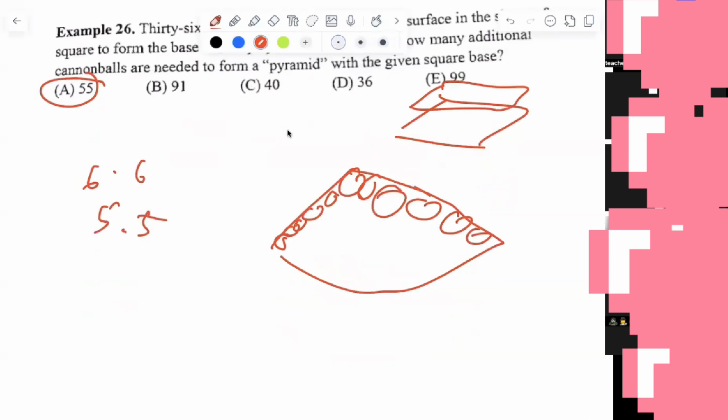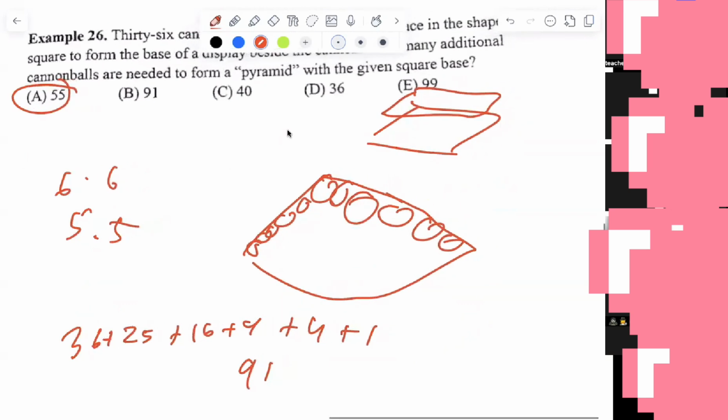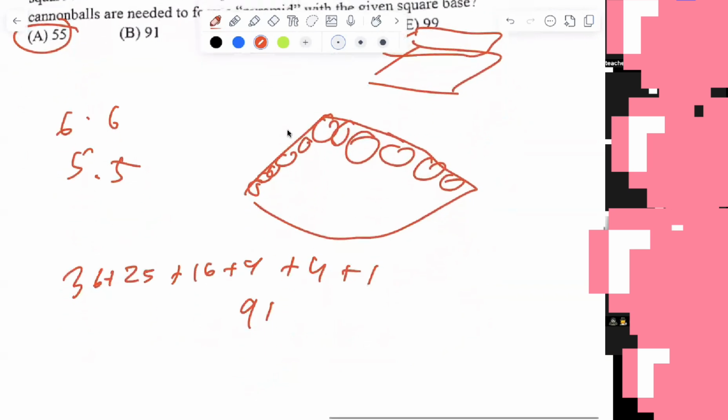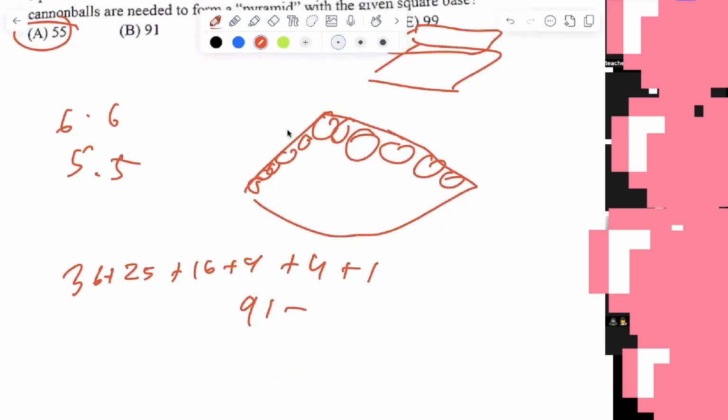So it's 36 plus 25 plus 16 plus 9 plus 4 plus 1, which gives 55 plus 36 and it gives 91. But then you subtract 36 because they already put 36 cannonballs, which then gives you the answer of total 55.